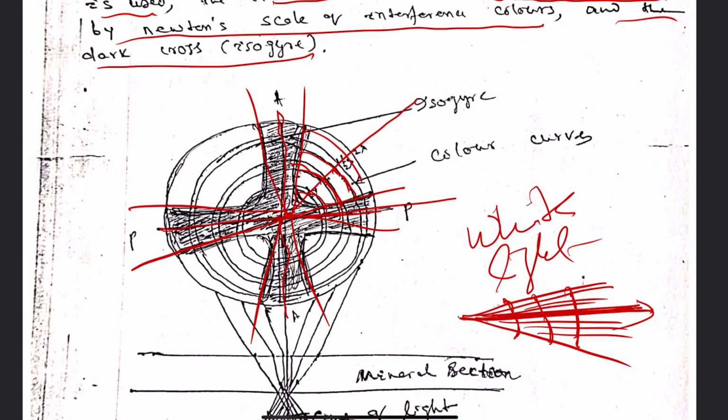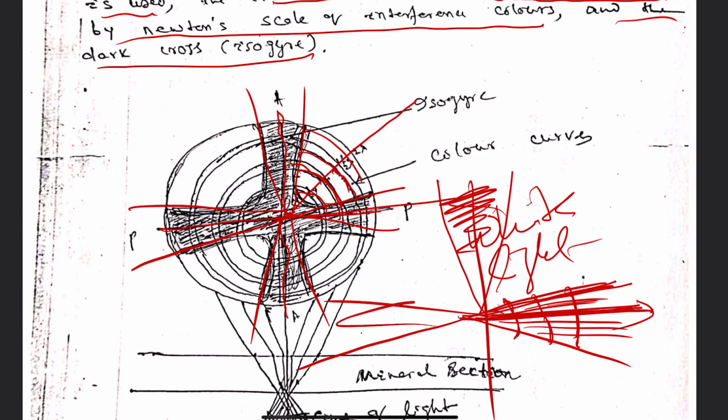So it will look like this. The dark arm of the isogyre will look like this. Similarly, along this direction, it will look like this, and like this.